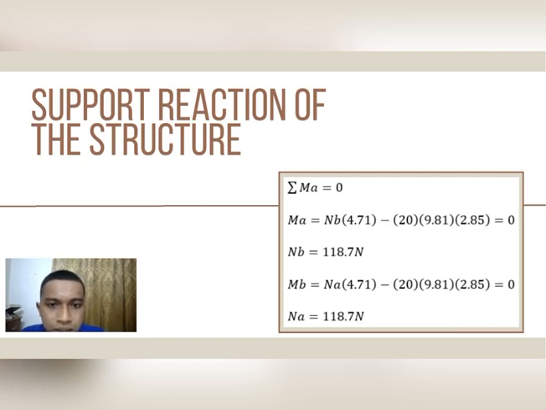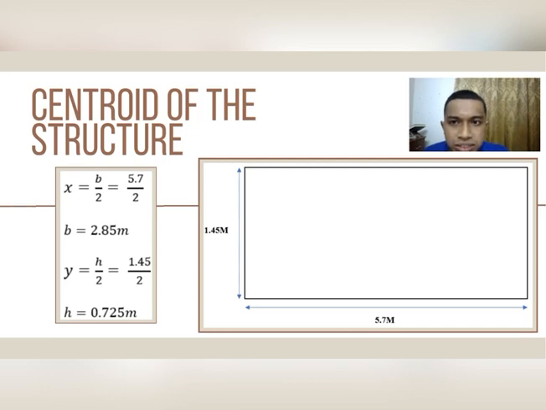So the answer NB is 118.7 Newton. The second is MB equals NA bracket 4.71 minus 20 multiplied by 9.81 and 2.85 equals 0. So NA is 118.7 Newton.